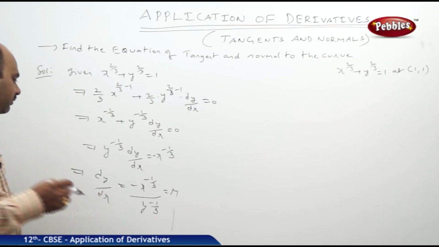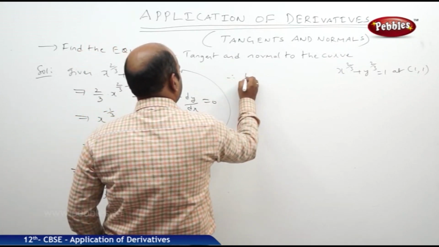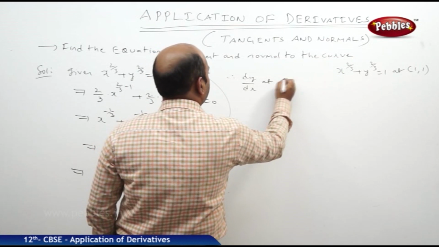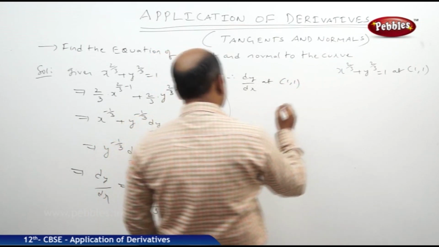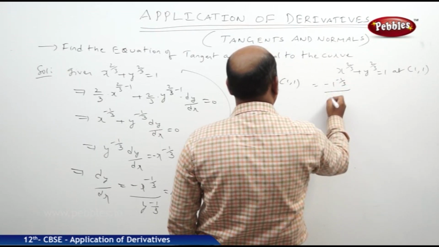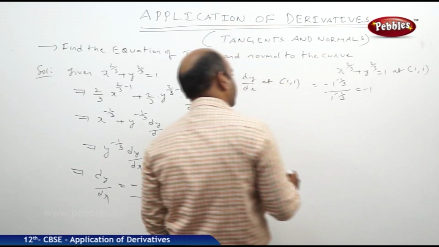Right. So therefore finally, dy by dx at 1 comma 1 is given by minus 1 power minus 1 by 3 divided by 1 power minus 1 by 3, that will be minus 1.